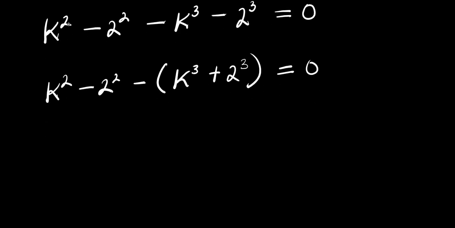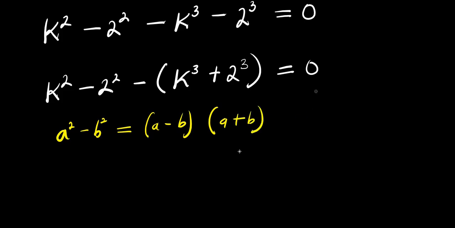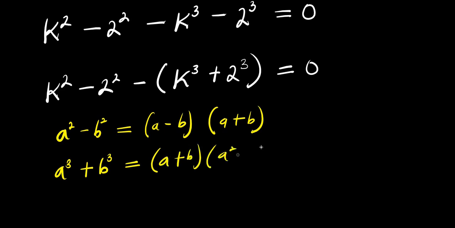So from here, if you have a squared minus b squared, this equals a minus b times a plus b. And if you have a^3 plus b^3, this is a plus b times a squared minus ab plus b squared.